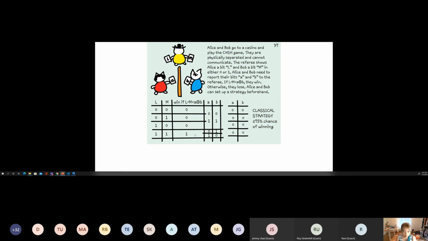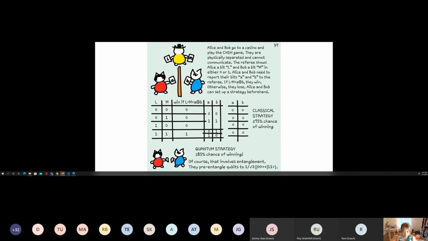But then it gets harder when L and M are both 1s. Then Alice has to have a 0 when Bob has a 1, or Alice has a 1 and Bob has a 0. So that would make A control B to be 1. So basically for them, if they are doing this classically, their strategy would be, let's make it a 70% chance of winning.